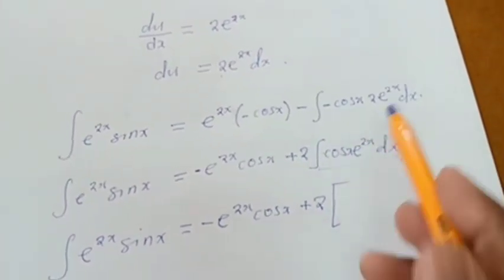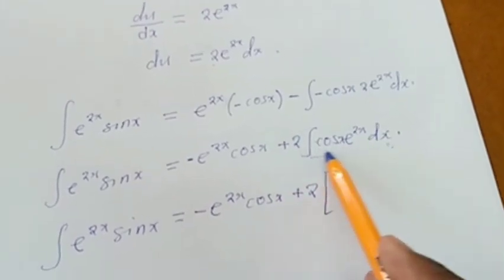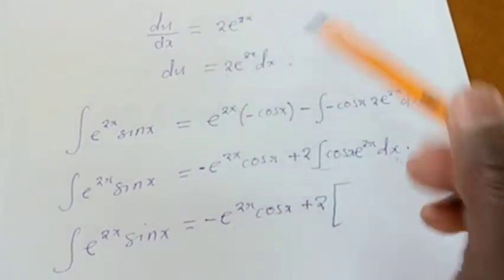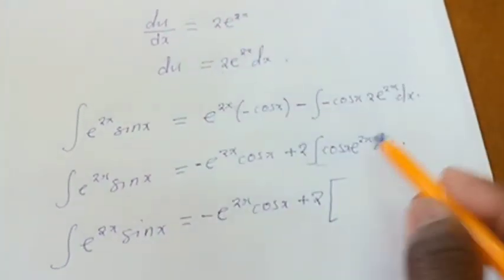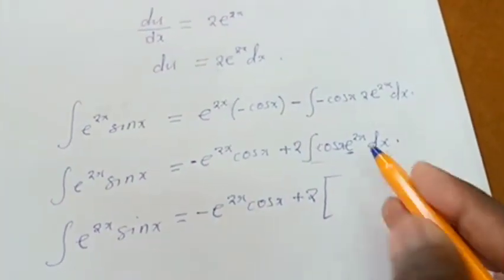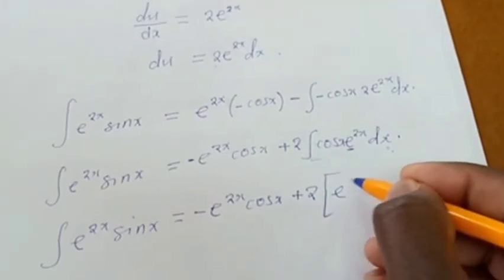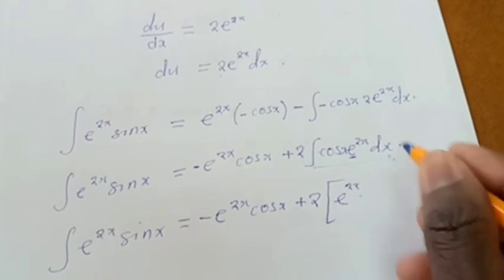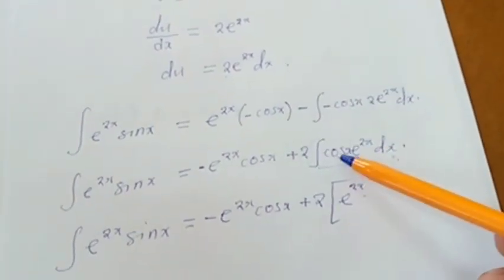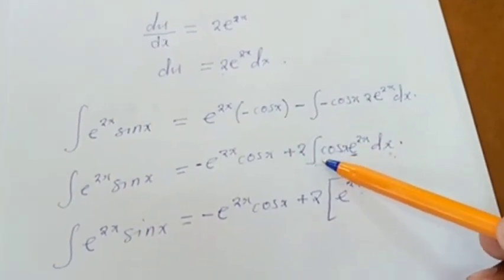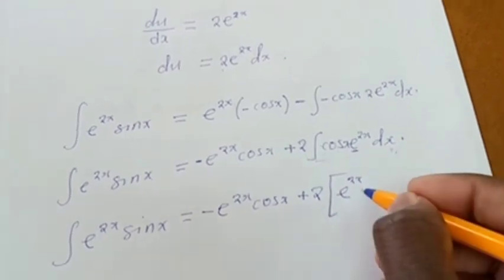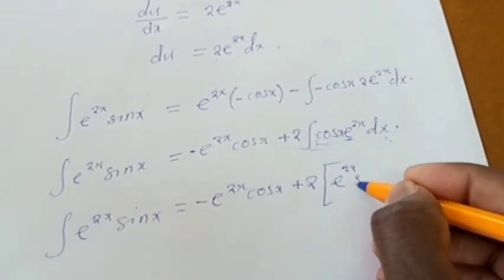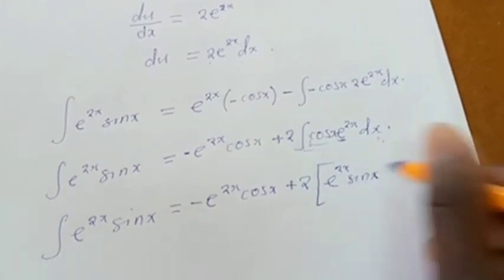So here remember, to integrate this, we are using the same formula. Where there is u, I can let my u be the same thing, e to x, then where there is v now, the integral of this one is what? You're getting sin x, right?